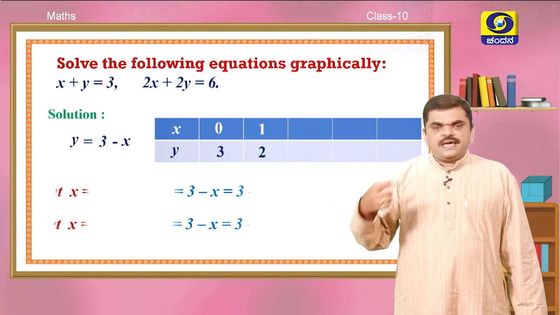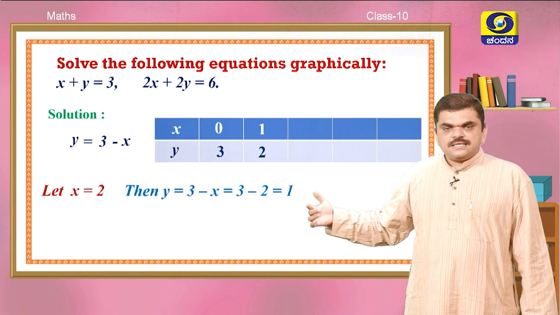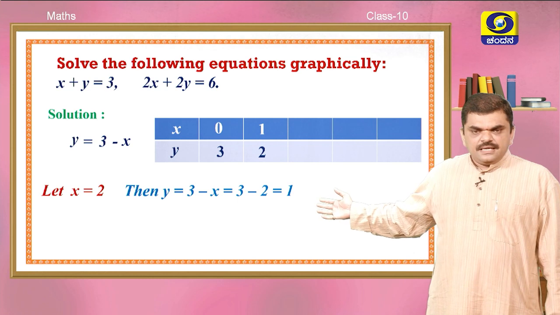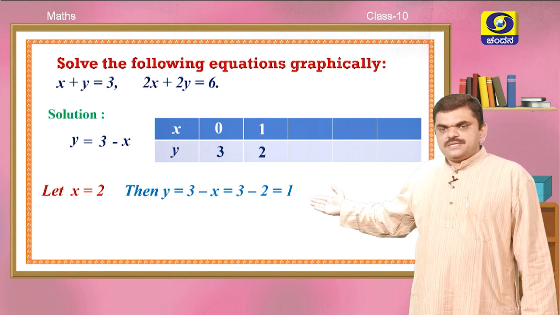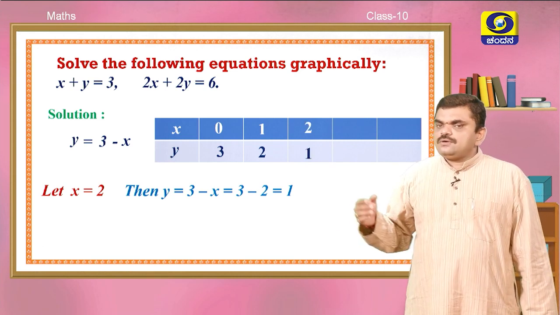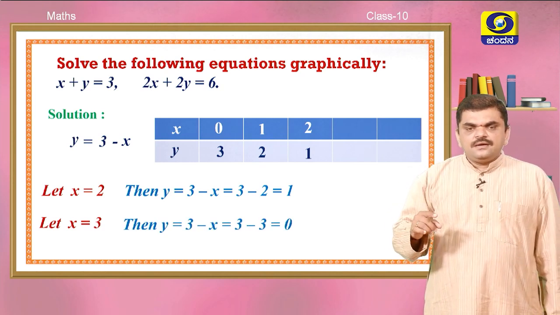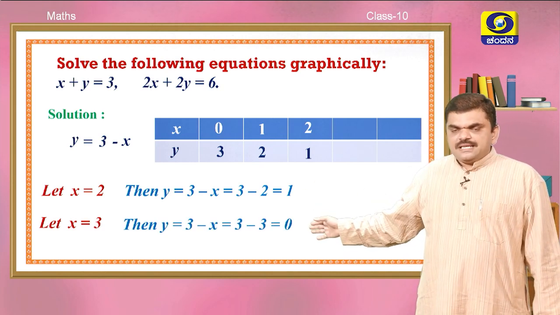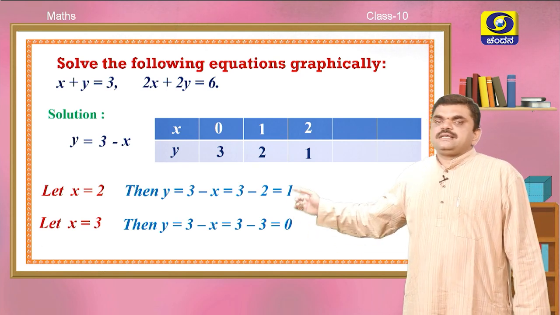So, now x is equal to 2. When x is equal to 2, y becomes 3 minus 2, 3 minus 2 means 1. Yes, x is equal to 2, y is equal to 1. Now, when x is equal to 3, y is equal to 3 minus 3, which becomes 0.